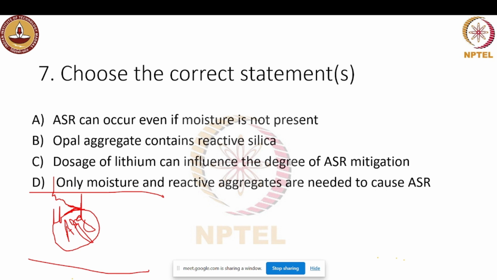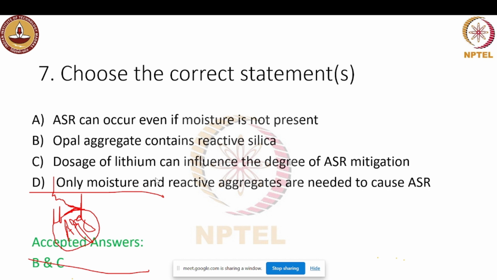What is opal aggregate? It's a type of aggregate only. Going to the answers: opal aggregates contain reactive silica. The more reactive silica, the more ASR, right?